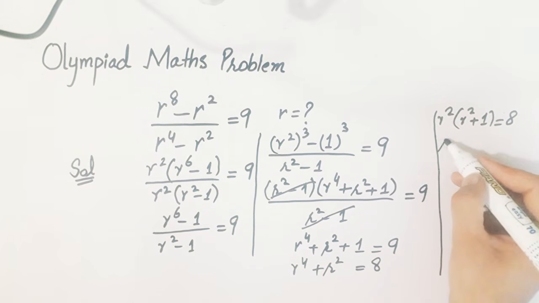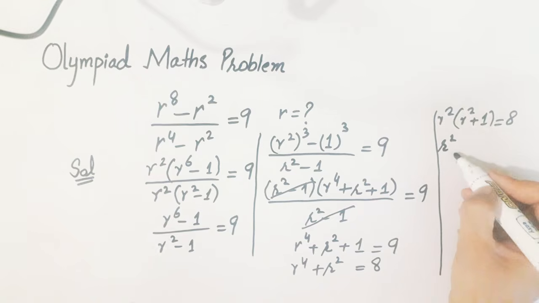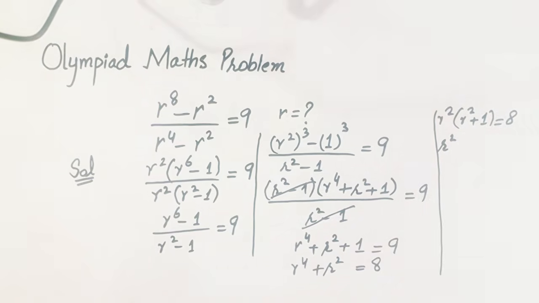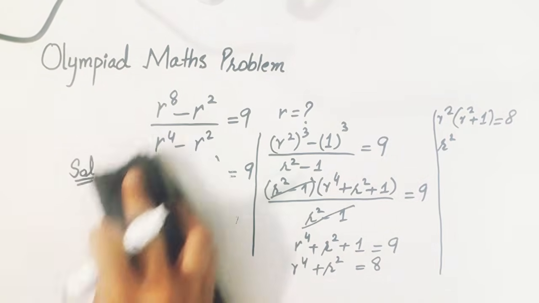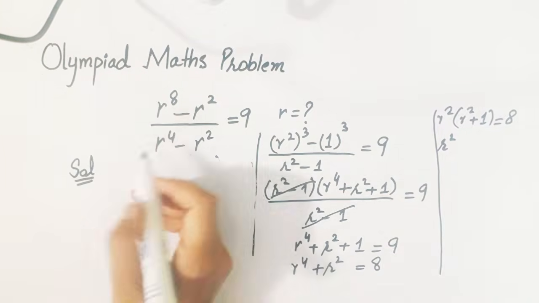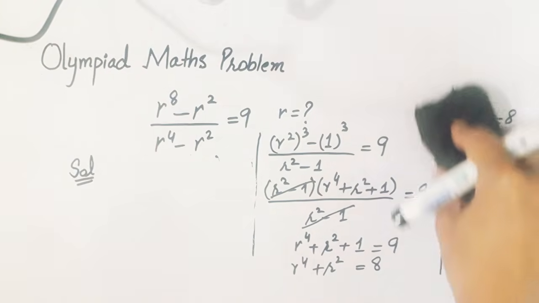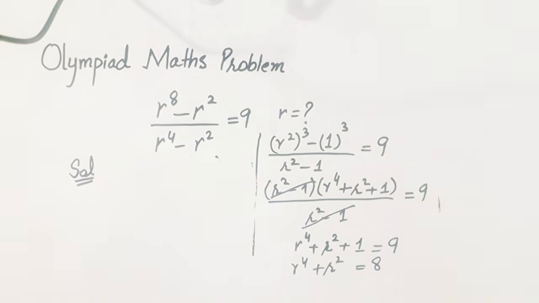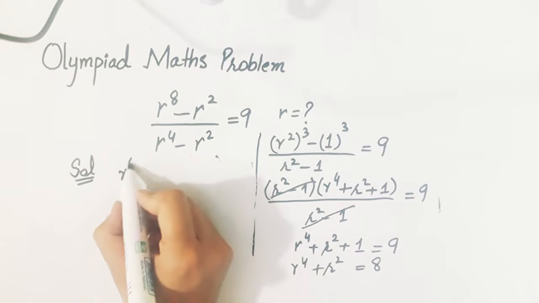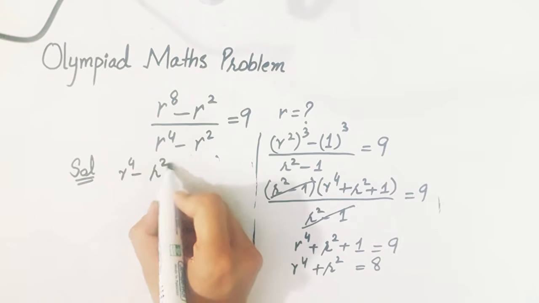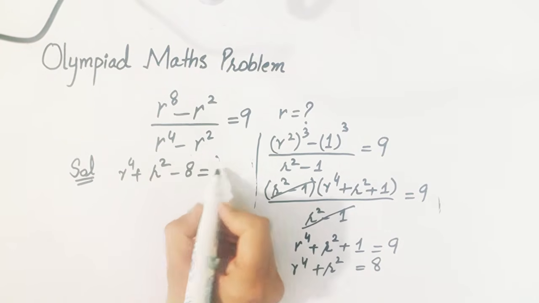Now we have two factors, or we can apply the quadratic formula on this, that is, r power 4 plus r square minus 8 equals 0.